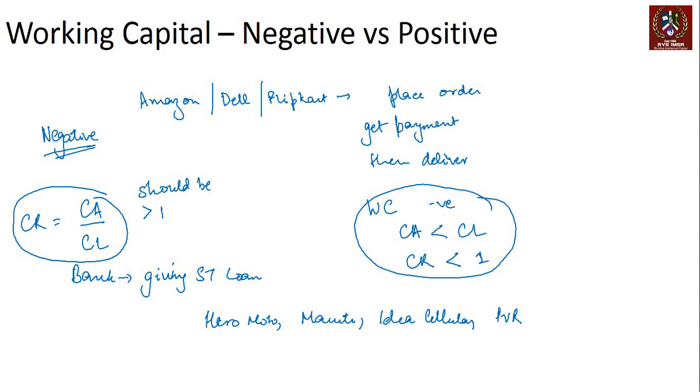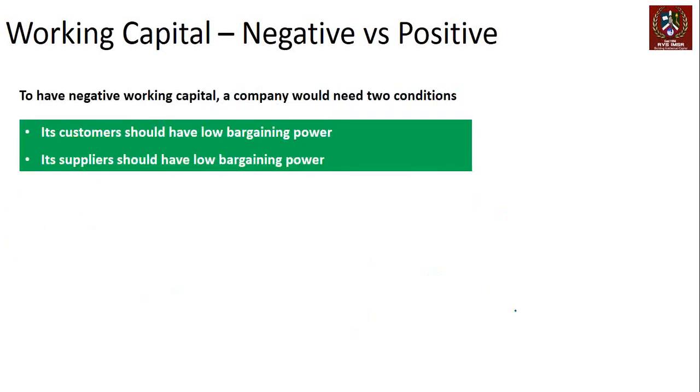Now, what are the primary requirements for a company to be able to have negative working capital, right? So there are two broad requirements that should happen. You want receivables to be low, right? So low receivables, and you want payables to be higher than inventory.